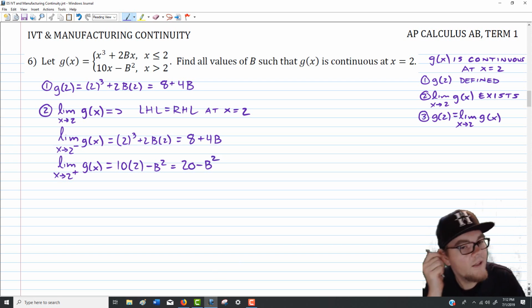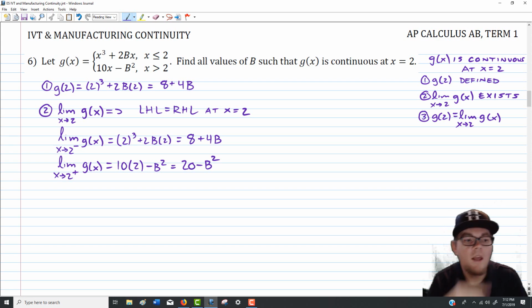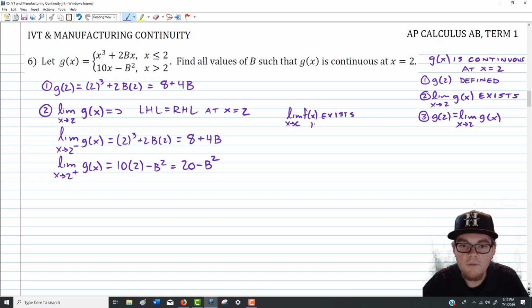Now at this point, we finally reached a place where we have some essential information. If we want the limit to exist, a limit as x approaches c of f of x exists if and only if the limit as x approaches c from the right side is equal to the limit as x approaches c from the left side.